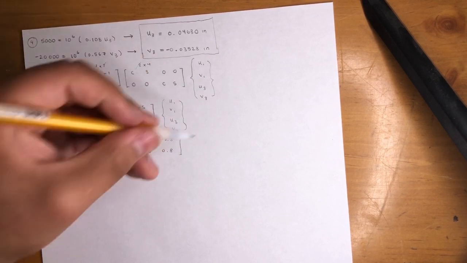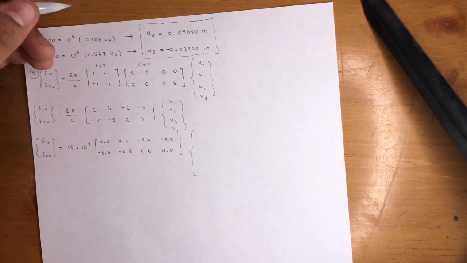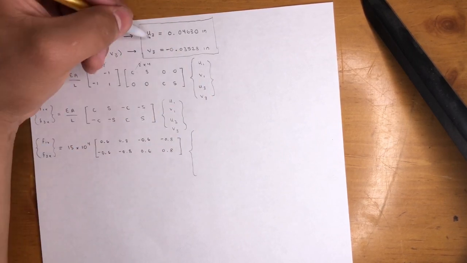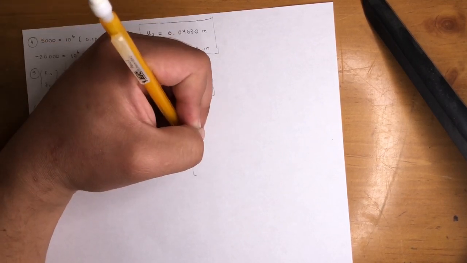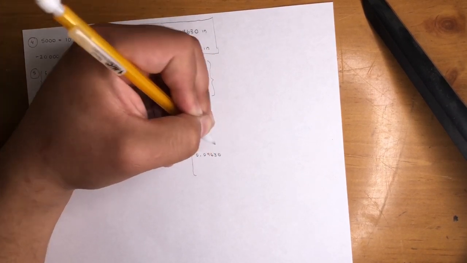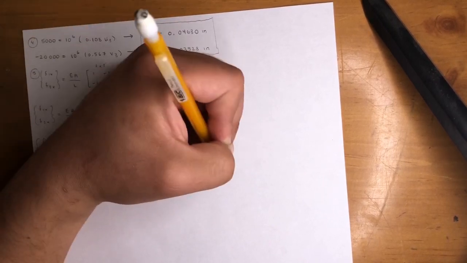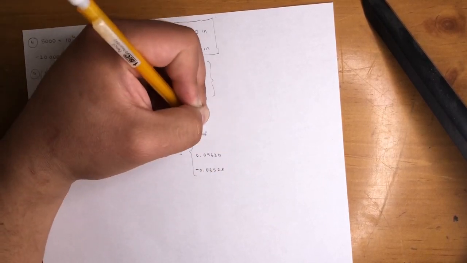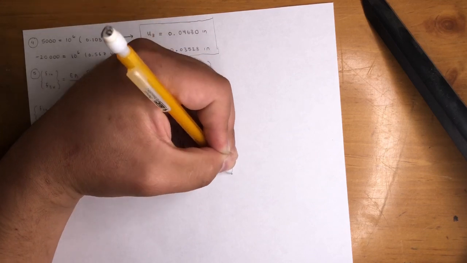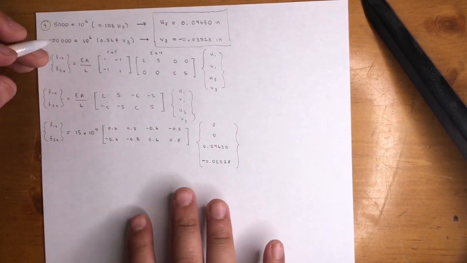There we go. Then multiply by the displacement vector, it's gonna be u1, v1, which is 0 and 0, and then u3, v3. So it's gonna be 0.04630, negative 0.0352800. Okay. All right. It's just long.